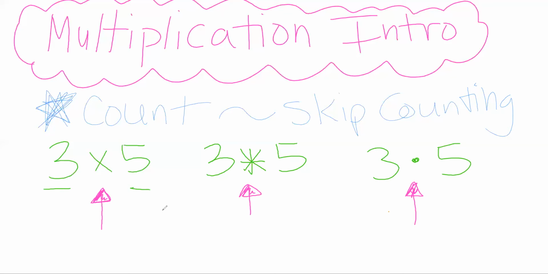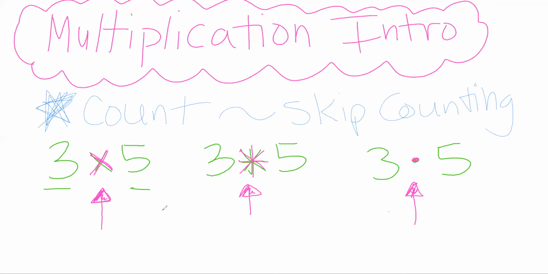Often we think we're just going to teach one symbol in 3rd grade and then introduce a new symbol in 4th grade, but I really do think it's good to know all 3 of them right away. So we can show multiplication with an X, with the star, which is really close to the X but with some more slashes, or with a little dot that's floating around in between.